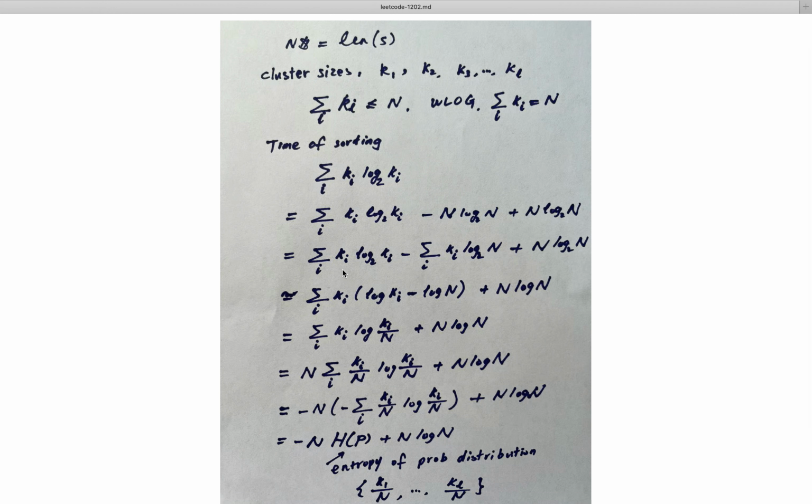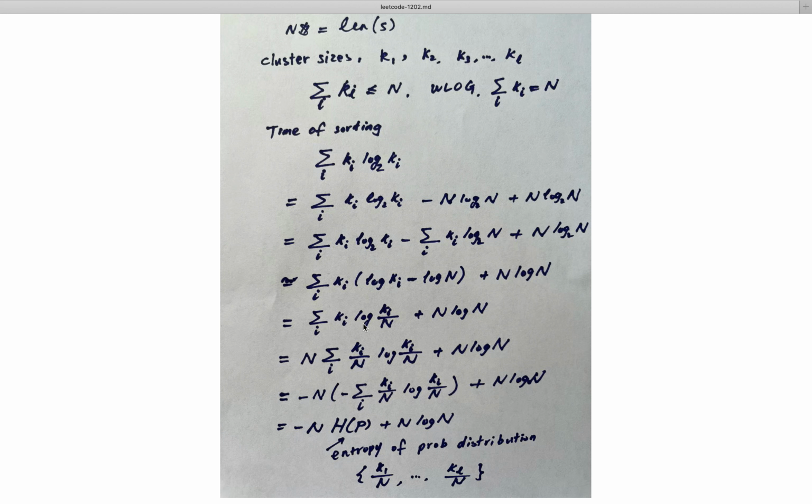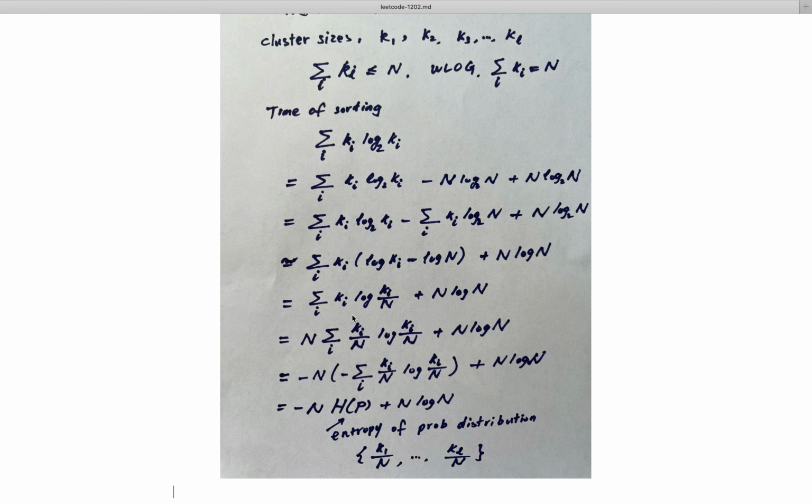So the first two terms together give something like ki times log ki minus log n, then plus the remaining term. The difference of two logs is transformed to the quotient, that is the summation of ki logarithm of ki over n, then plus this n log n term. And then for the first term, we're going to divide by n and then multiply by n.